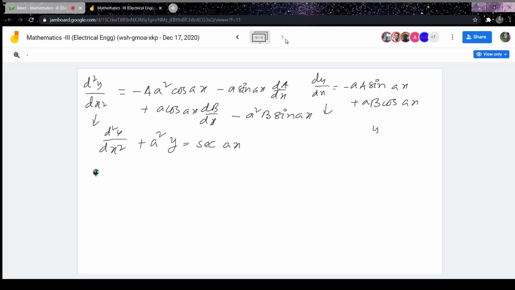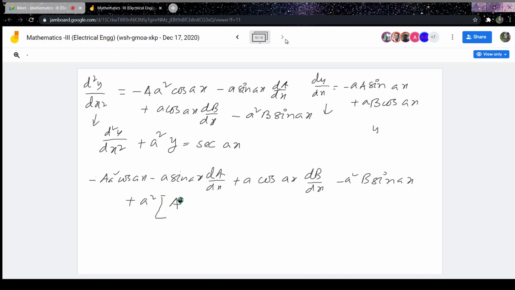That will be minus a square cos ax minus a sin ax da dx plus a cos ax db dx plus a square into y. Our y was a cos ax plus b sin ax.